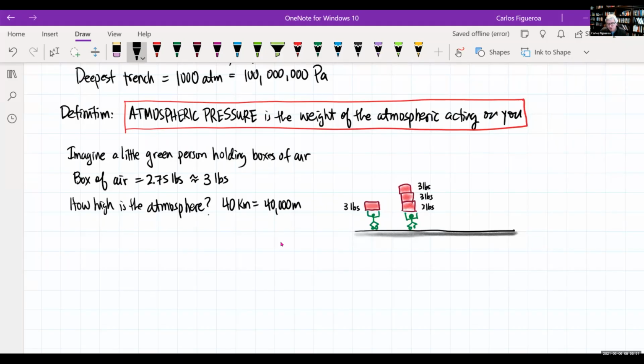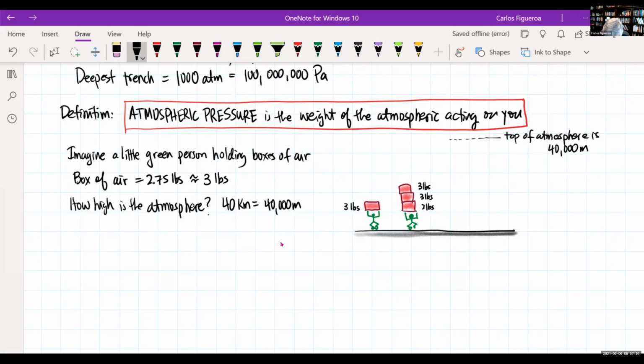So you could imagine 3 boxes is going to add up to what? 9 pounds. So in 3 meters, this person is holding 9 pounds. But wait a minute, the top of the atmosphere is 40,000 meters. That means we need 40,000 boxes.